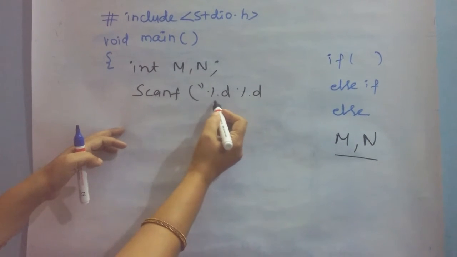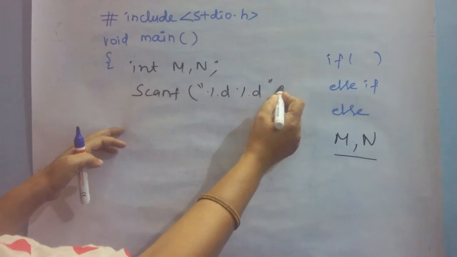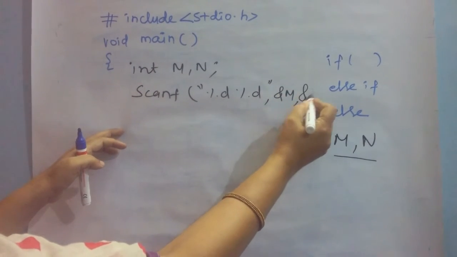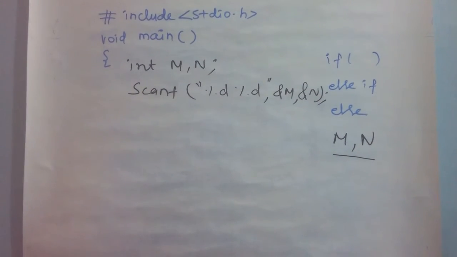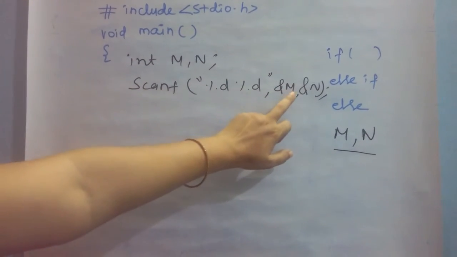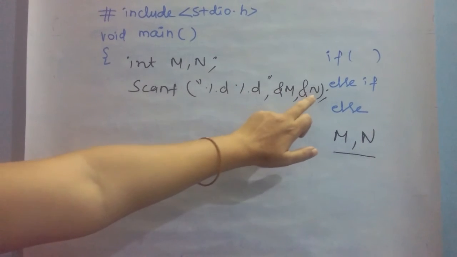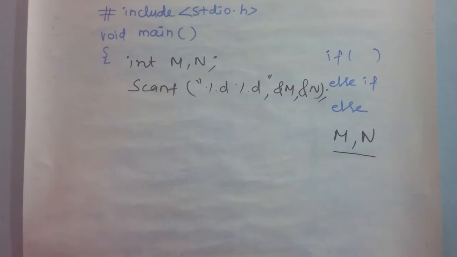This control string is to get the value for m, and this is to get the value for n. In the memory address allocated for m, get one value, and in the memory address allocated for n, get the value for variable n. The scanf statement gets values for m and n using the control strings %d and %d.